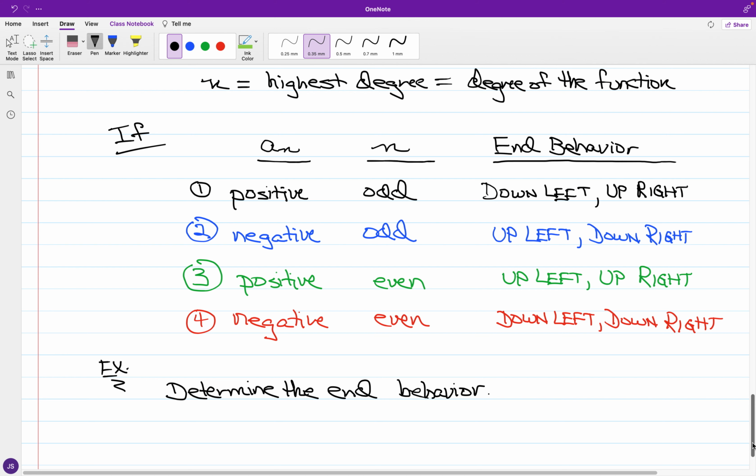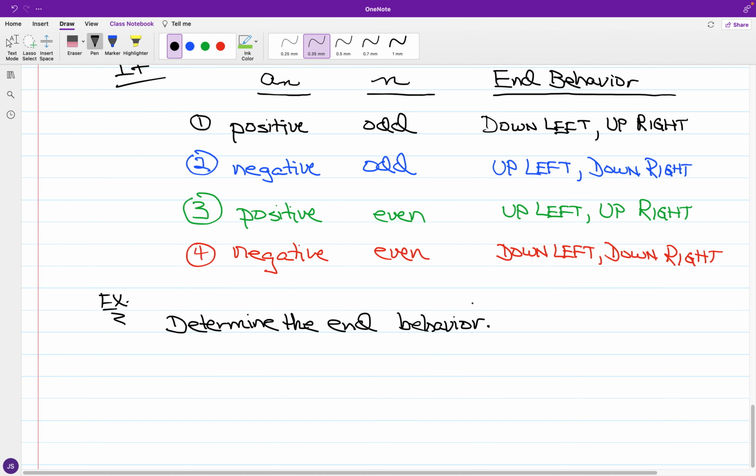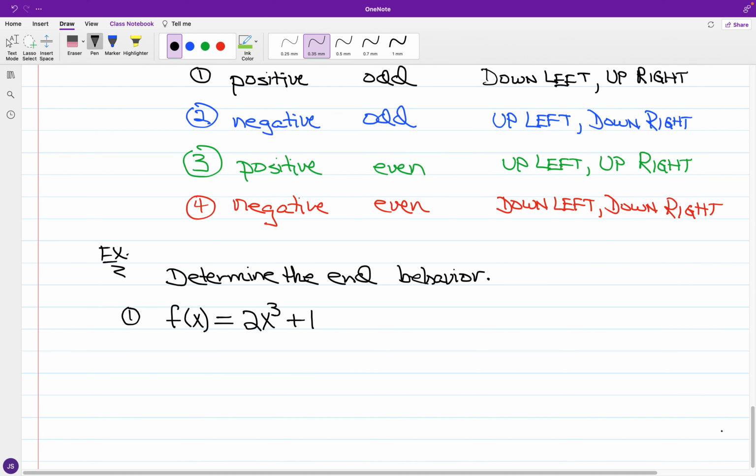We're looking at determining the end behavior of the following. First of all, we'll say that we have f of x equal to 2x cubed plus 1.